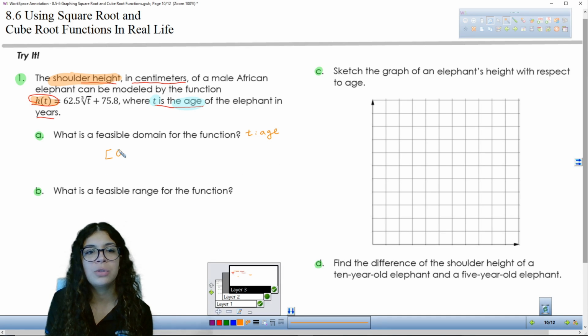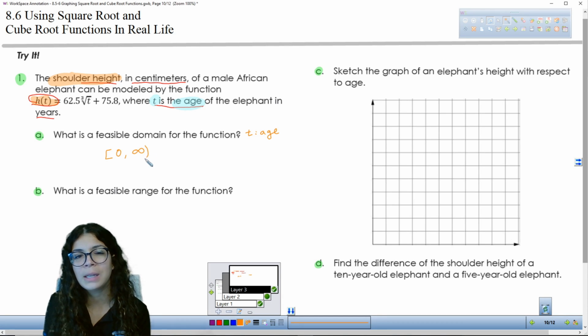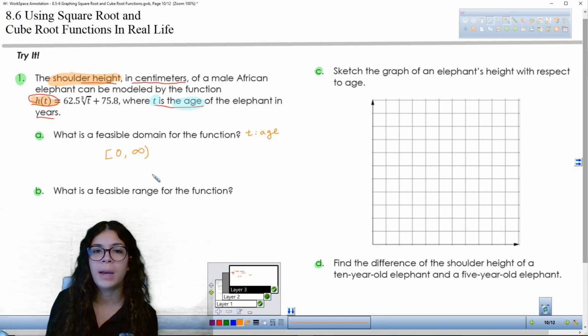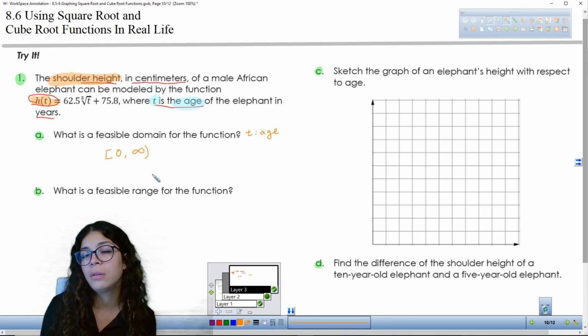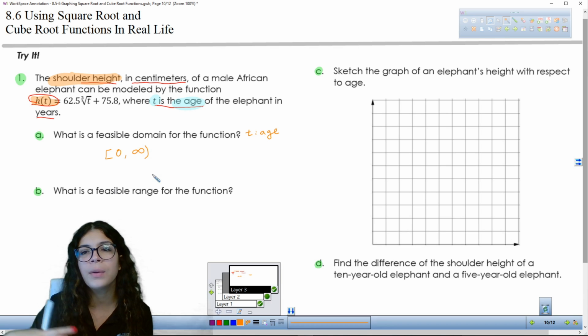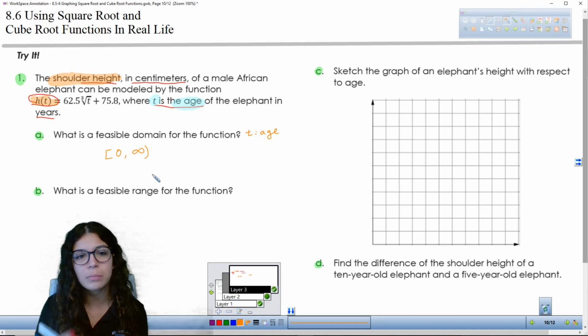So the age is anywhere from 0 to, in theory, infinity. There is probably a max age that any elephant has ever lived to, but that's getting more precise. In theory, we'll just say from 0 is the lowest. Definitely negative values can't be, right?